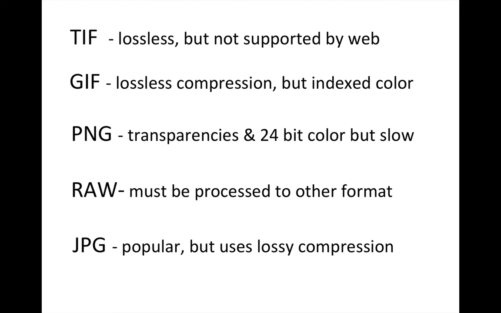JPEG is probably the most popular there is. It stands for Joint Photographic Group. Obviously, it was therefore created for photography work and can do a fairly good job of simulating the photographic image. But it is a lossy compression in the sense that it does compress, it looks at colors and moves them to a color close to them that's easier to index.